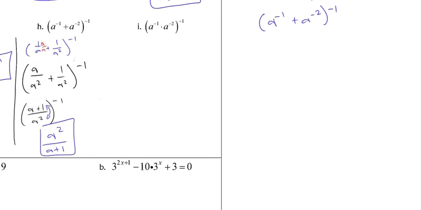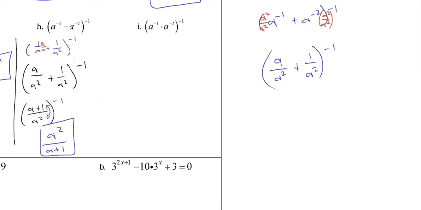Meaning we're going to need to multiply everything by a squared over a squared, and that should be inside the parentheses there. So that gives us a over a squared plus 1 over a squared, and that's all to the negative 1 still.